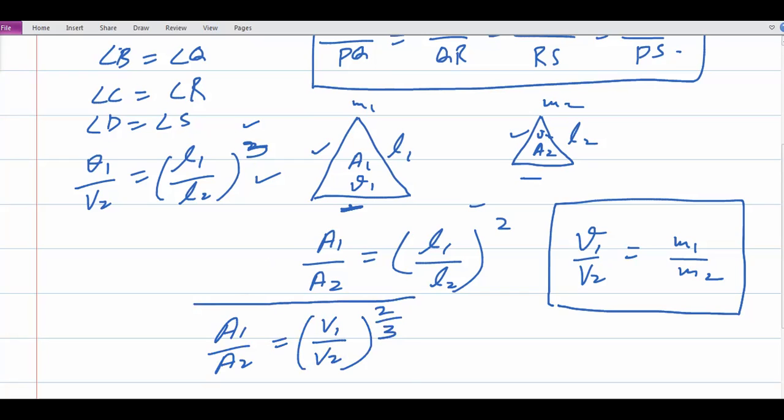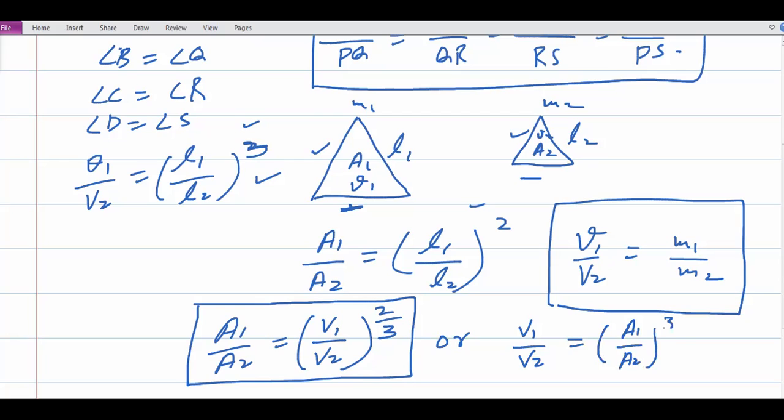This is another result for similar shapes that you have to remember. Or the same result you can write this way: V1 over V2 equals A1 over A2 to the power 3 over 2. This is also another result that you have to remember for similar shapes.